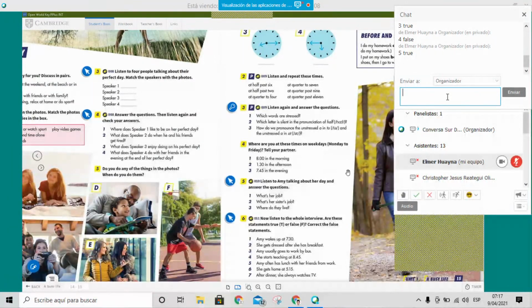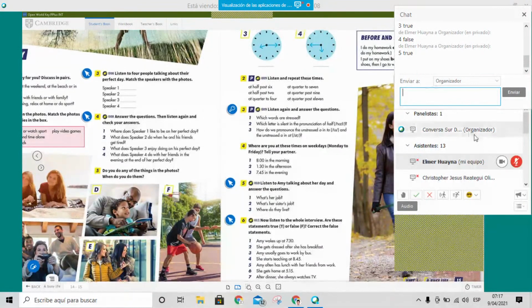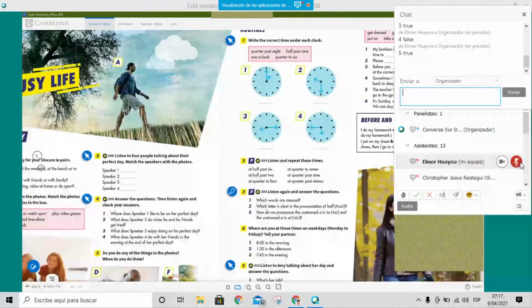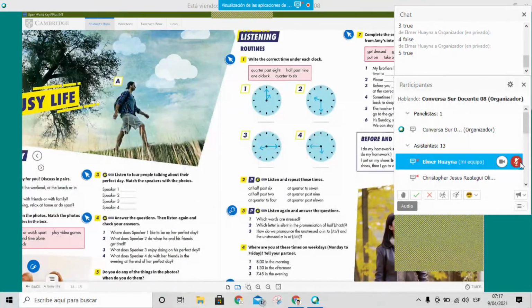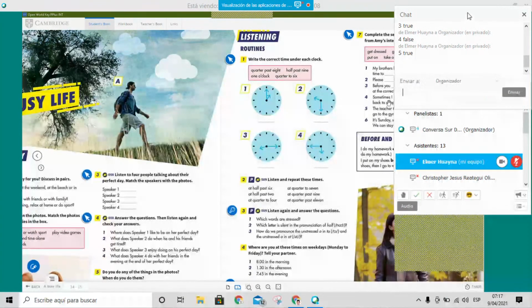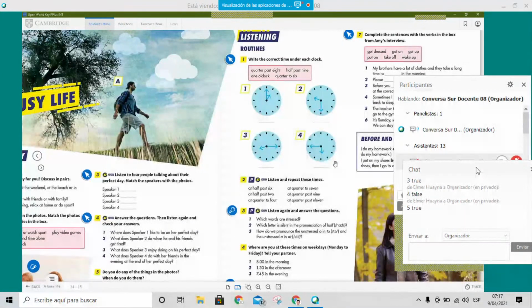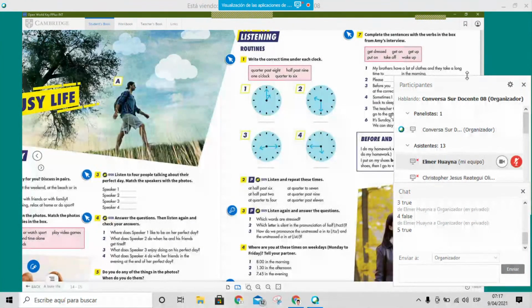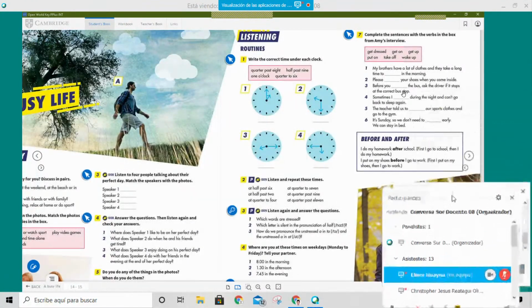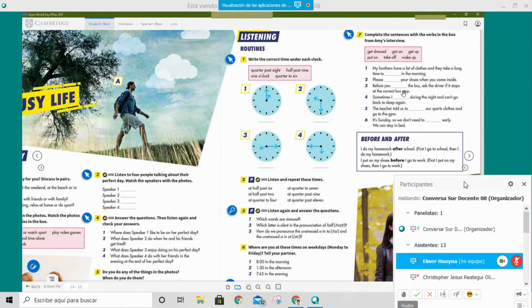Number 7 is false because she doesn't always watch TV. Good. To finish this, please complete these sentences with the verbs in the box from Amy's interview. And use the correct form of the verb. Okay?